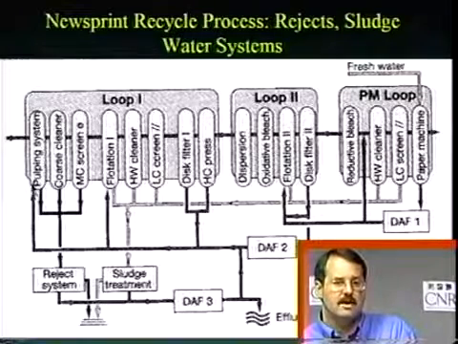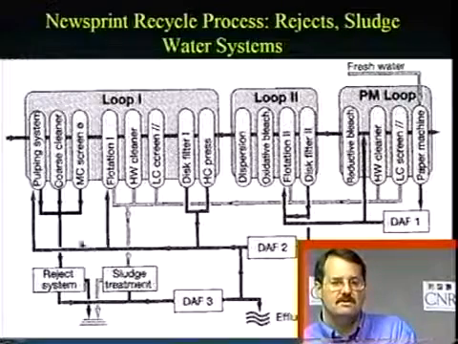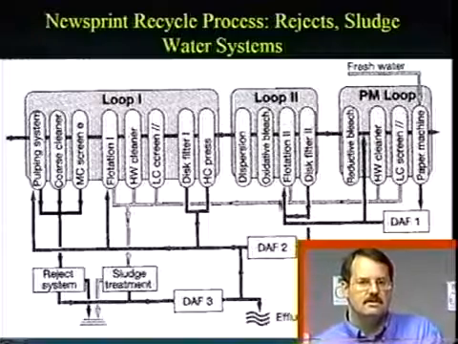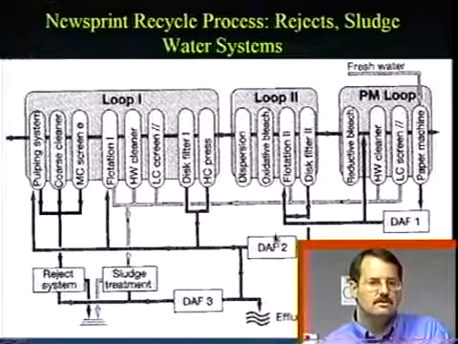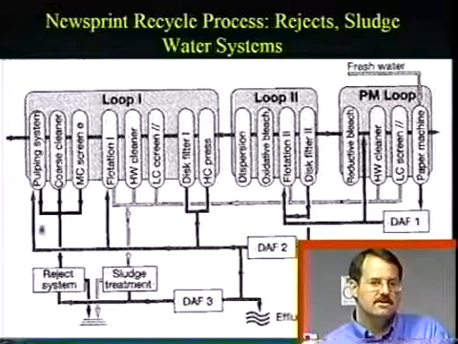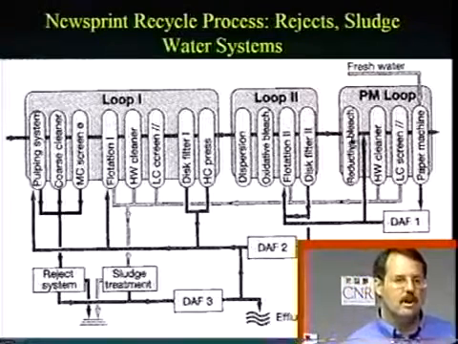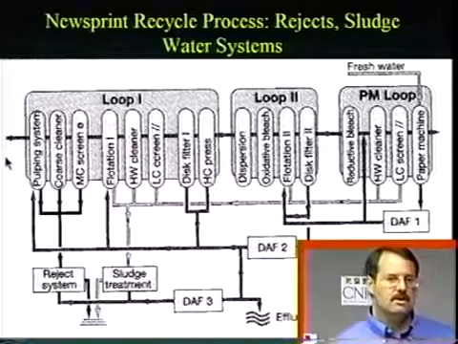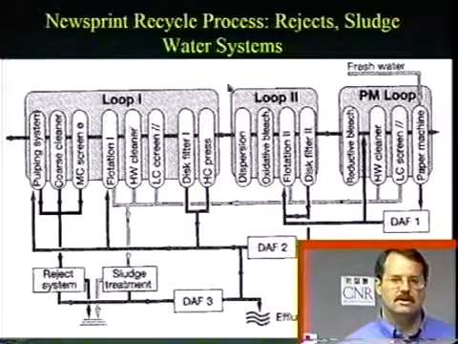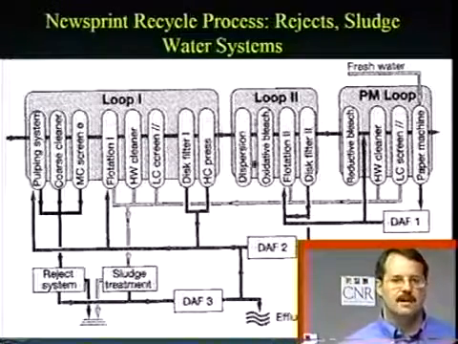So our pulper right here is going to accept that DAF2 water. So you see that the DAF2, the water from loop 2, actually is going in this direction towards the pulper. So we get that countercurrent flow of the water getting dirtier and dirtier and dirtier going right to left, and the pulp getting cleaner and cleaner and cleaner going left to right.